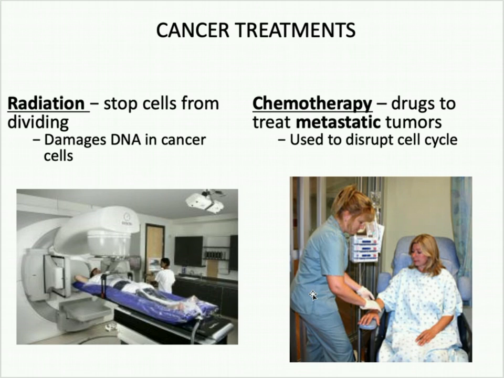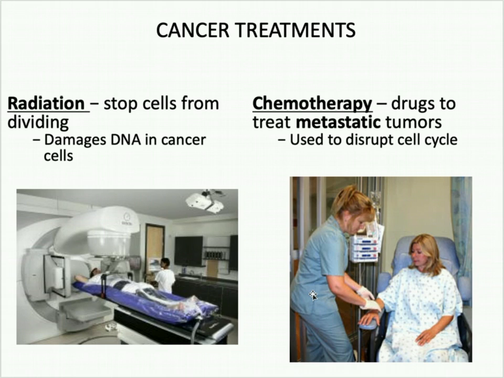So how do we treat cancer these days? There are some new methods, but two of the oldest methods that we have come to know are radiation and chemotherapy. Radiation is a beam of radiation, which can include X-rays and gamma rays.